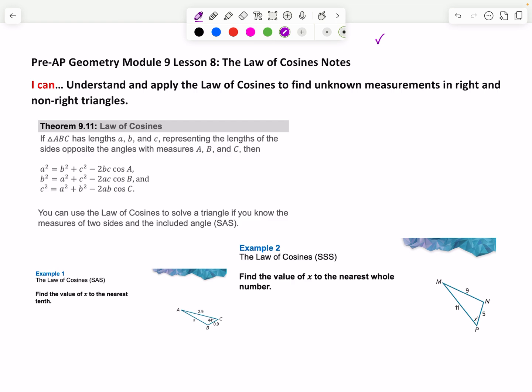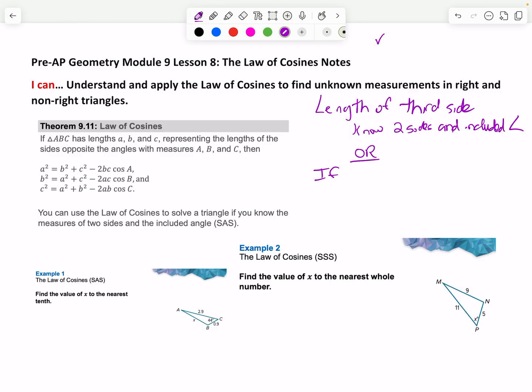We can use the law of cosines when we're finding the length of a third side when we know two sides and the included angle, or if we know all three sides and we're looking for the angles.